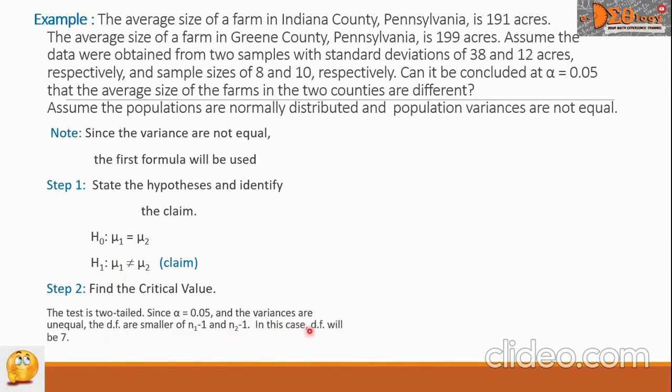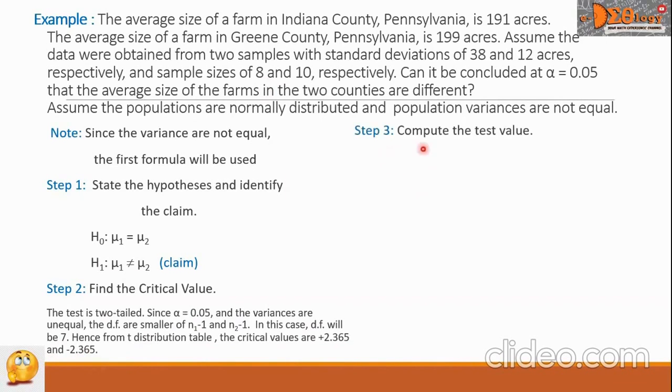In this case, degrees of freedom will be 7, and that is 8 minus 1. Hence, from the t distribution table, the critical values are positive 2.365 and negative 2.365.